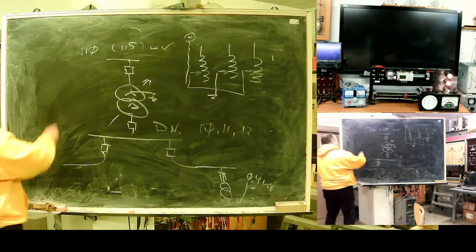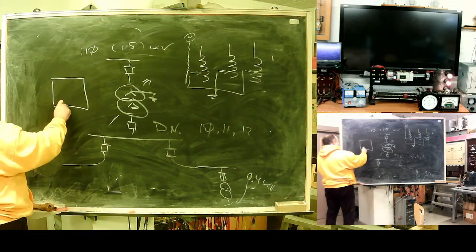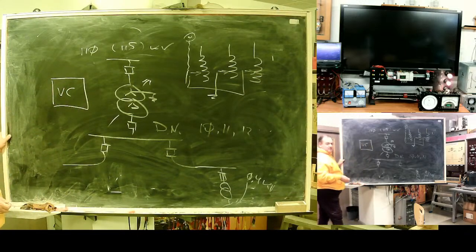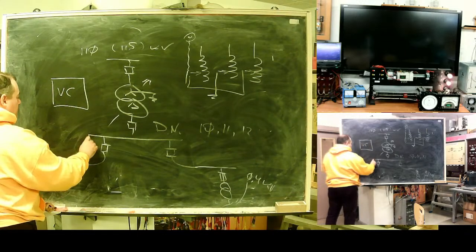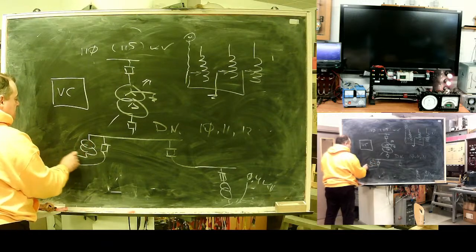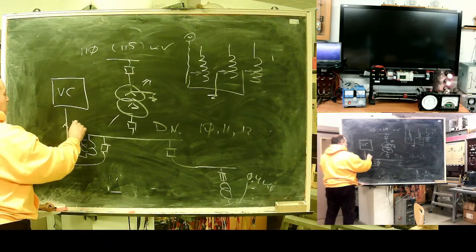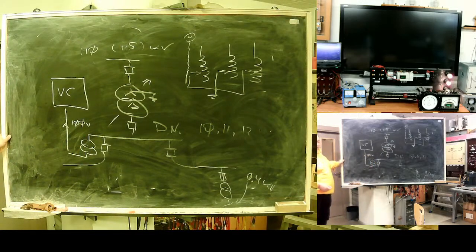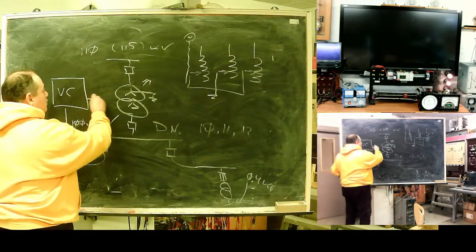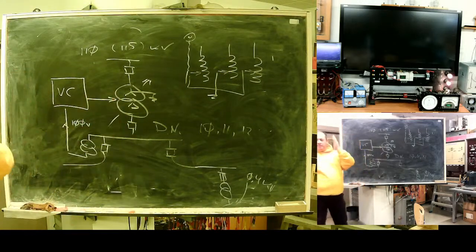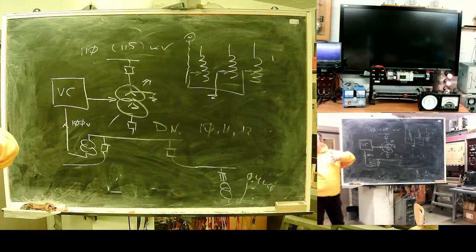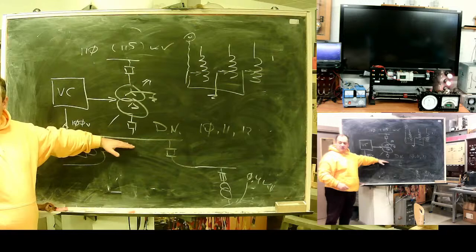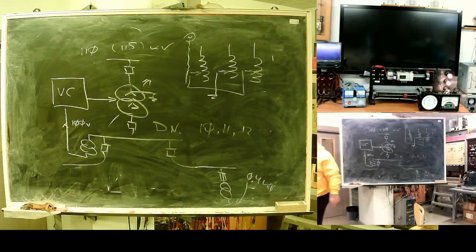And this device is a voltage controller, sometimes called an automatic voltage controller. At the bus sits an instrument transformer. It produces a 100 volt signal to the voltage controller. And the controller changes the transformer ratio to keep the distribution network bus voltage within limits.